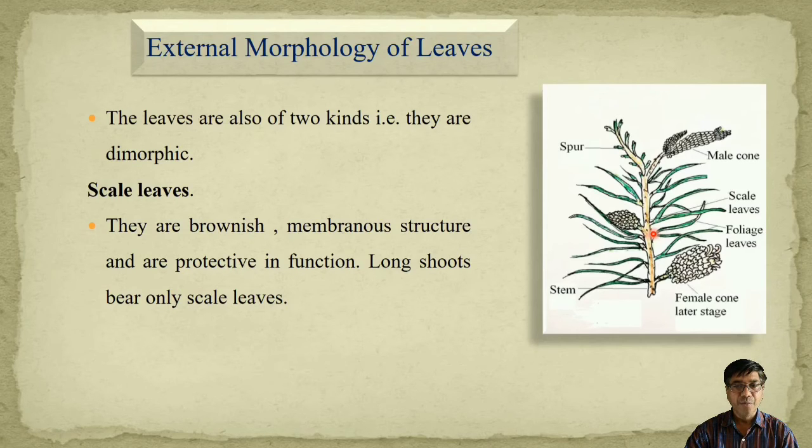Long shoot bears only scaly leaves or scale leaves. They are also present on dwarf shoot in addition to foliage leaves. They fall off as the branches mature. Male cones also arise in the axil of scale leaves on a long shoot.